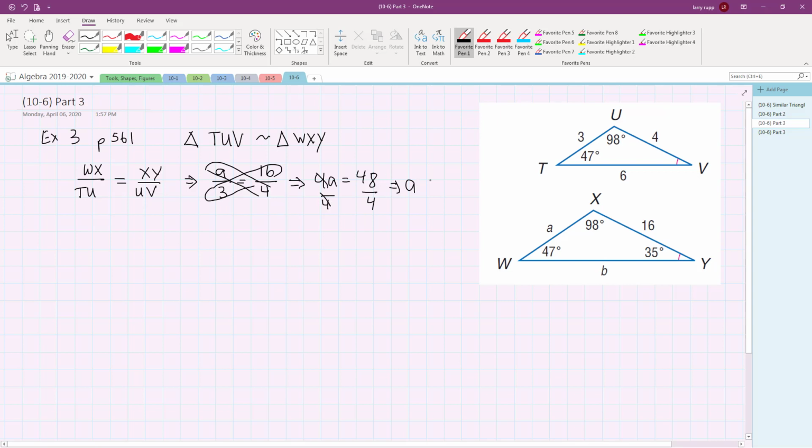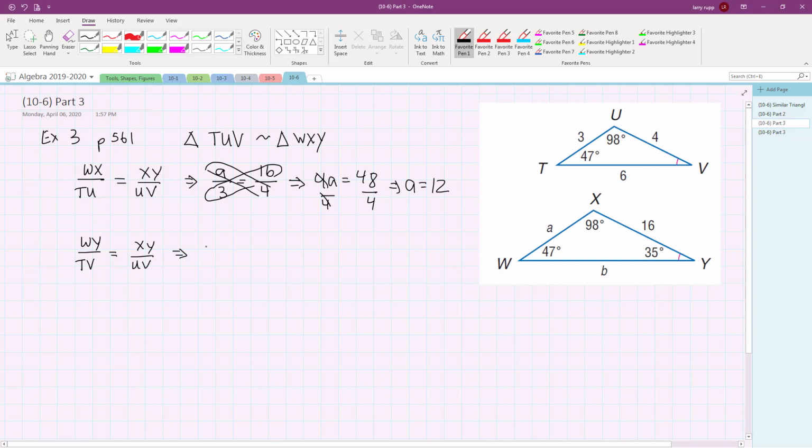A becomes 48 over 4, which is equal to 12. Well, that's A. What about B? Well, B, we do the same process, okay? WY over TV is equal to XY over UV.